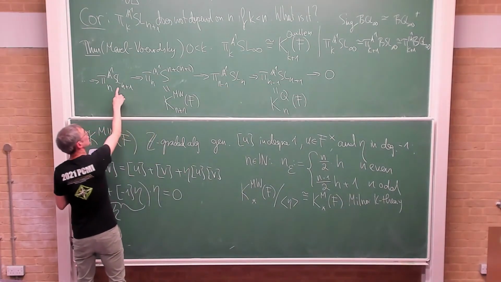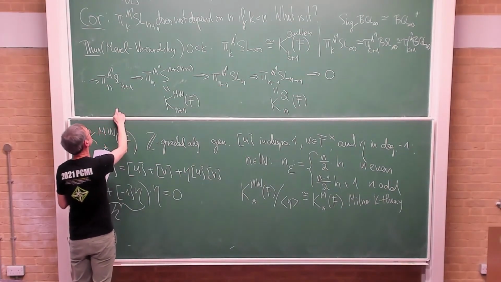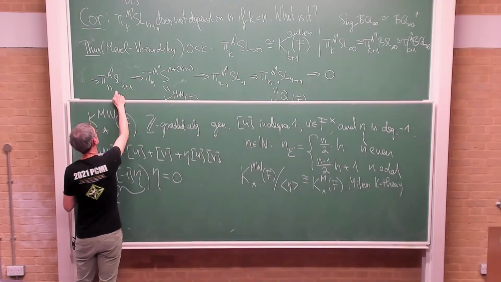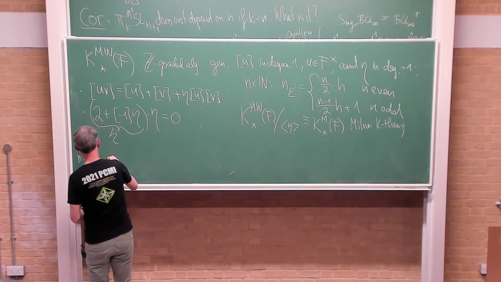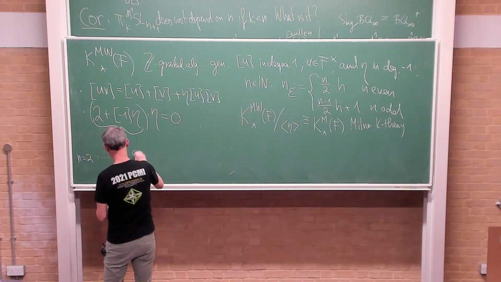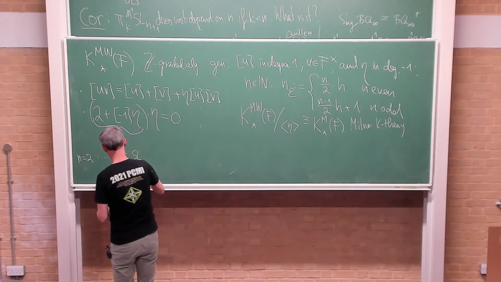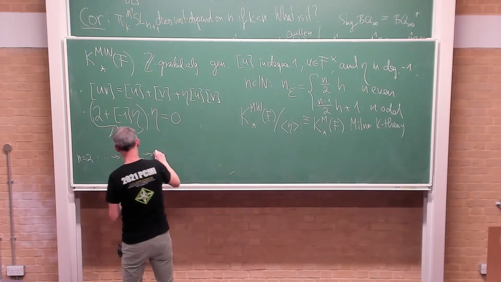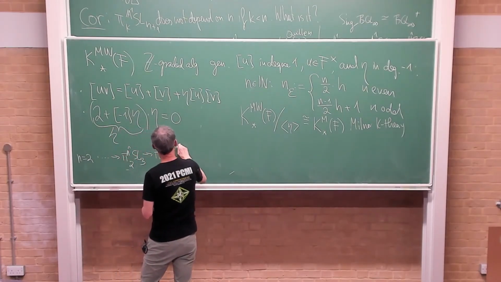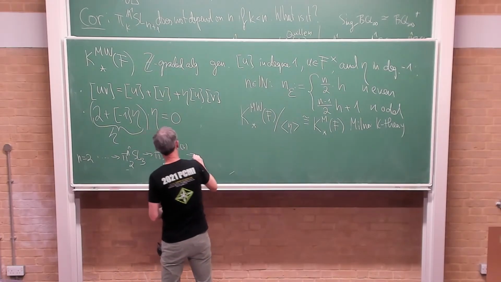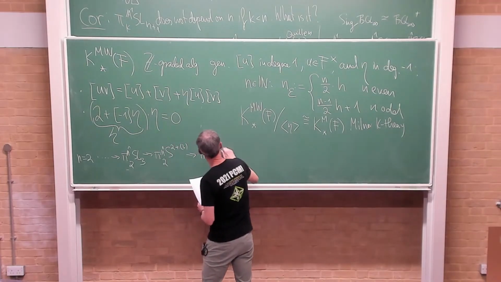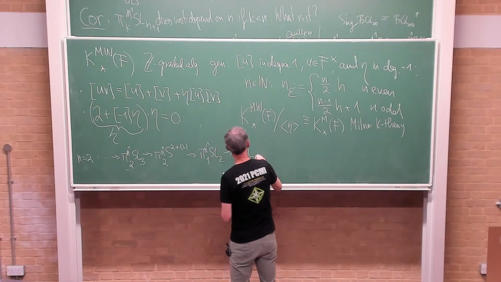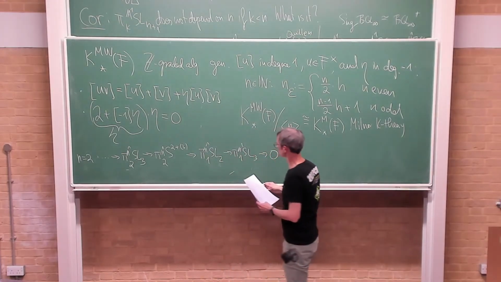So what? Let's look at this in a special simple case, namely for n being 2. How does this look? We have pi 2 SL3 mapping to pi 2, that's 2 plus 3, and then we have pi 1 SL2, pi 1 SL3, and then there's a 0 here.